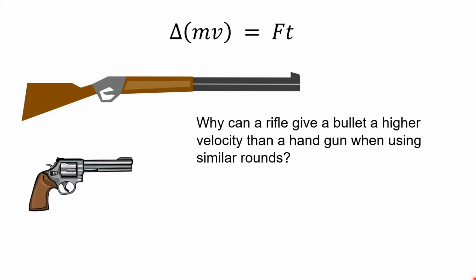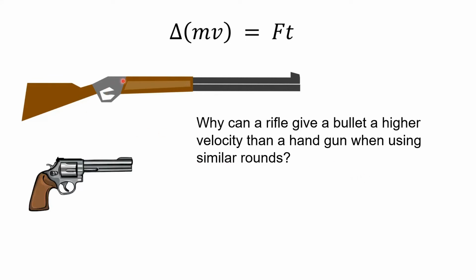Let's go into this. I'm assuming they have similar rounds, which means they're going to generate a similar amount of force. So the force is going to be about the same. The difference is that, let's imagine this is a bullet right here, my red dot. When the gun fires, that bullet is going to be pushed the length of the barrel. Then as soon as it leaves the barrel, that pushing force dissipates. So the bullet's on its own as soon as it exits the barrel.